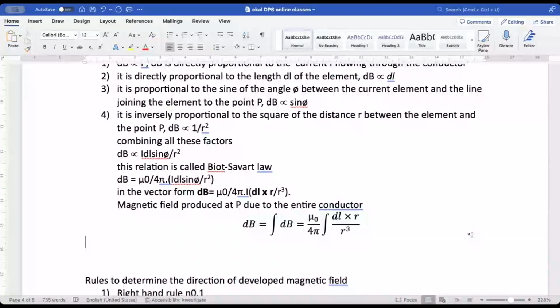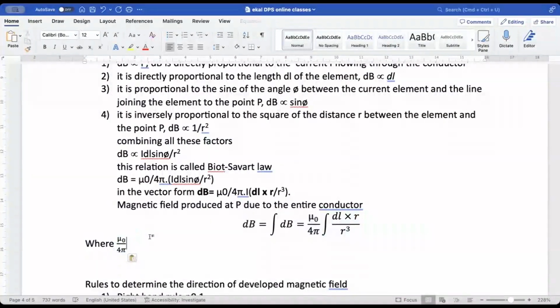So this is the equation, where mu naught by 4 pi is the proportionality constant, right?